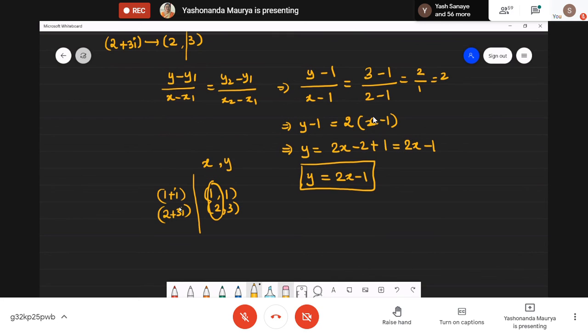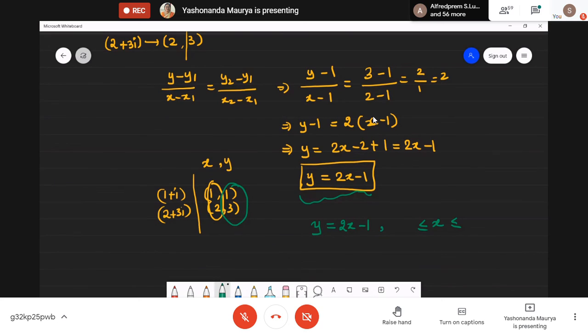And here y is going from 1 to 3. So there are two ways. If I'm writing the equation like this, it means that y is a function of x. Along with this, we will write down the variation for x.